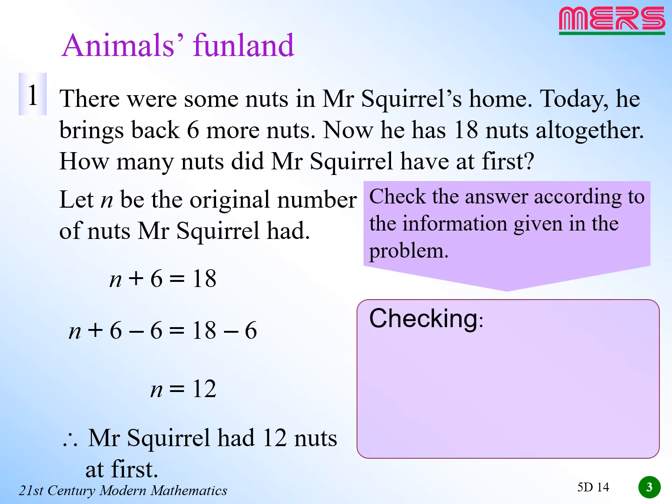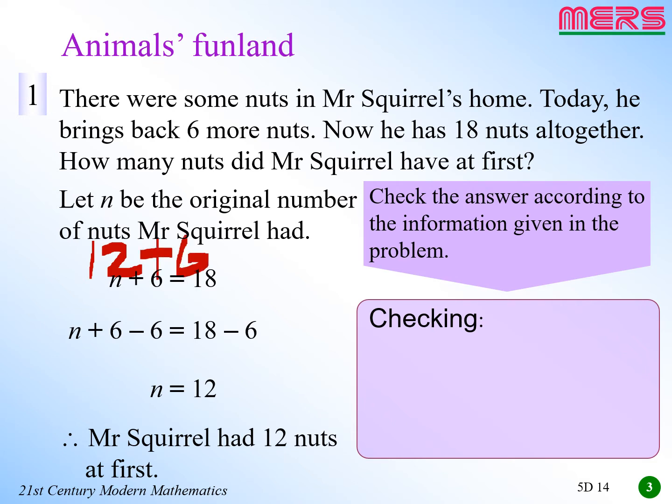And how do you check your answer? So we have the solution n equals 12. That means Mr. Squirrel had 12 nuts at first. So 12, and then he brings 6 more nuts today, so plus 6.